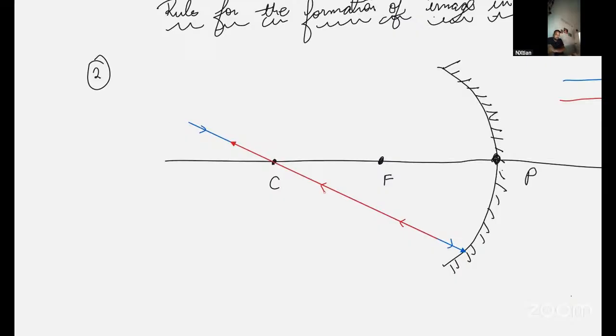It won't show any deviation. So the incident ray, when it falls on the spherical mirror through curvature, then the reflected ray will have the same path as the incident ray.